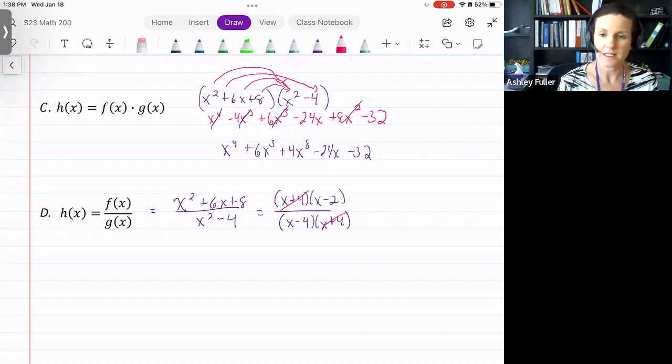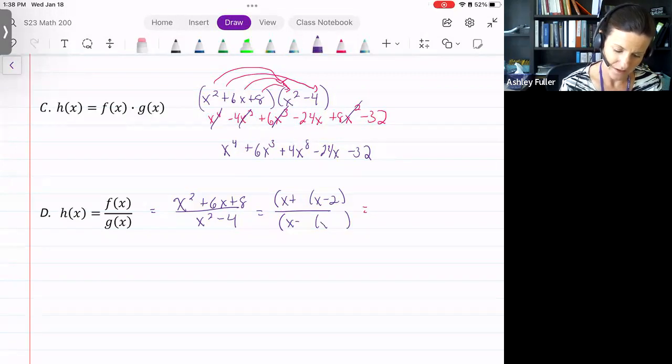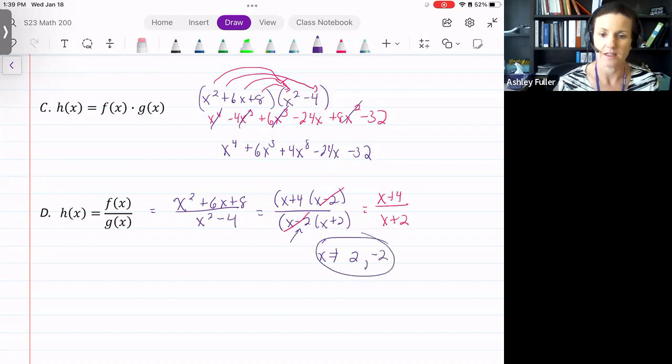Notice the x plus 2s cancel, which simplifies, and I'm left with x plus 4 over x minus 2. Again, we can't let that bottom be 0, so x can neither be 2, since a 2 here would result in 0, nor can x be negative 2.